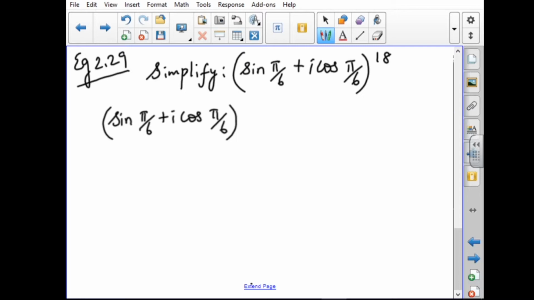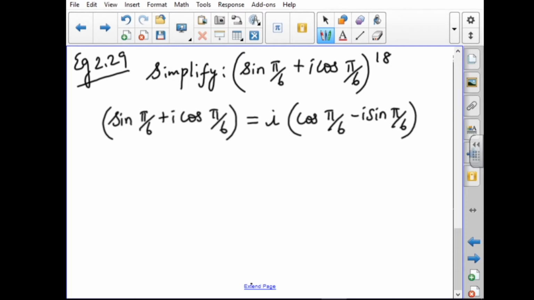When it is in the form of sin theta plus i cos theta, you should not bring the power inside. So how can you change this? Taking i outside, it will become cos pi by 6 minus i sin pi by 6.